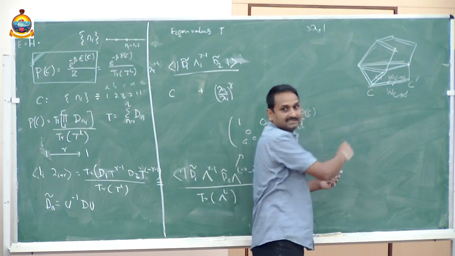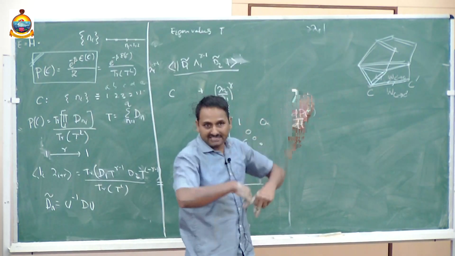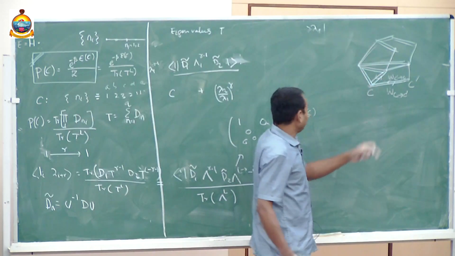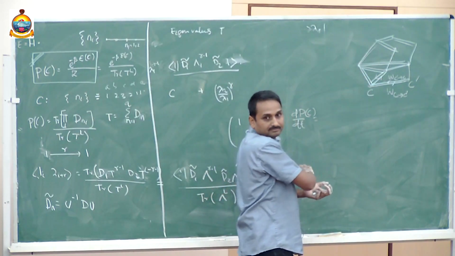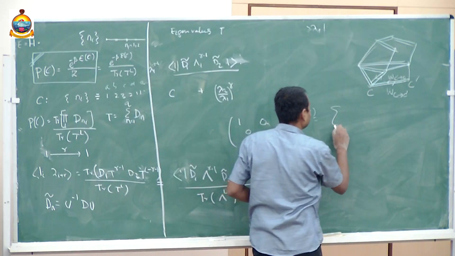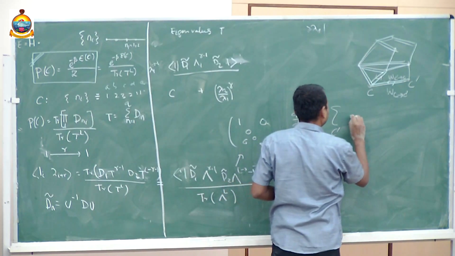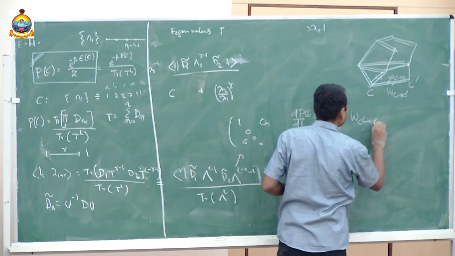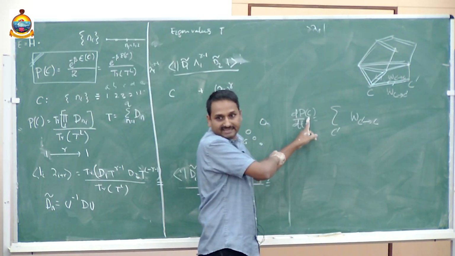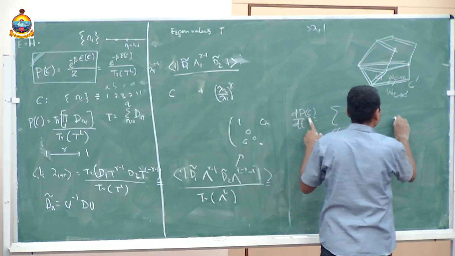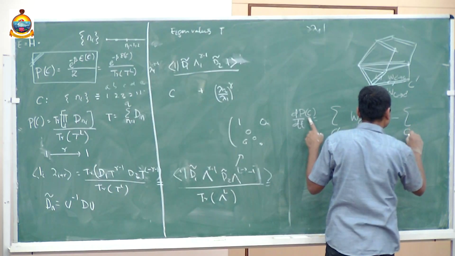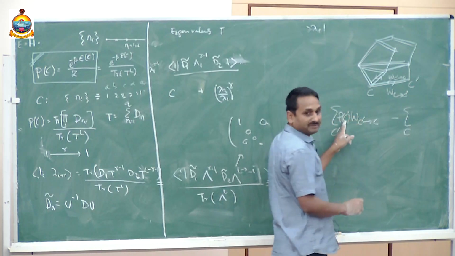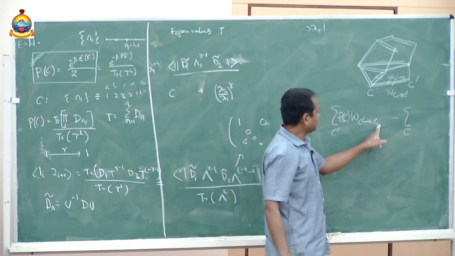So the configuration C can come from many other configurations, and those will give you a gain term. So this is the summation over all C prime, W from C prime to C, because that will give you a gain term. Minus the summation of W from C prime to C times P of C prime, the probability that you are there, and the transition rate.